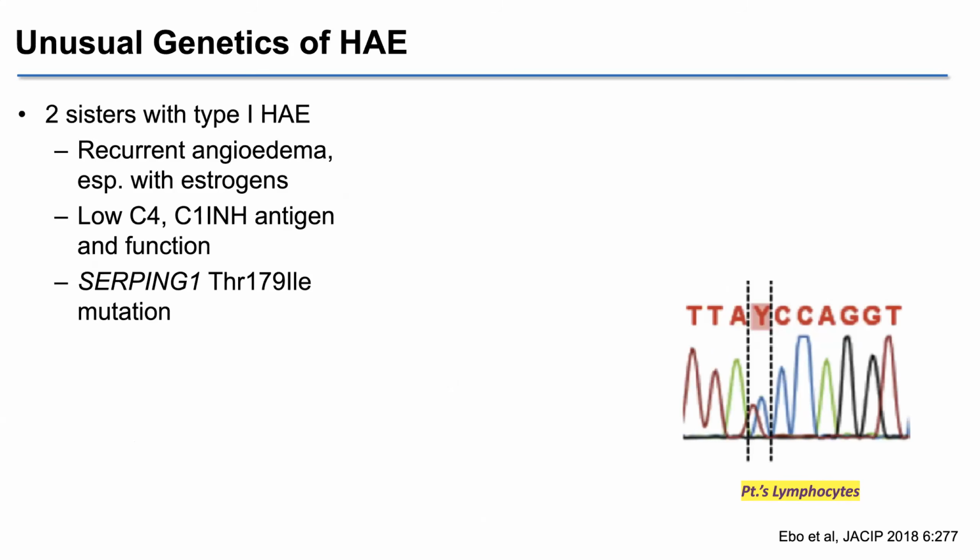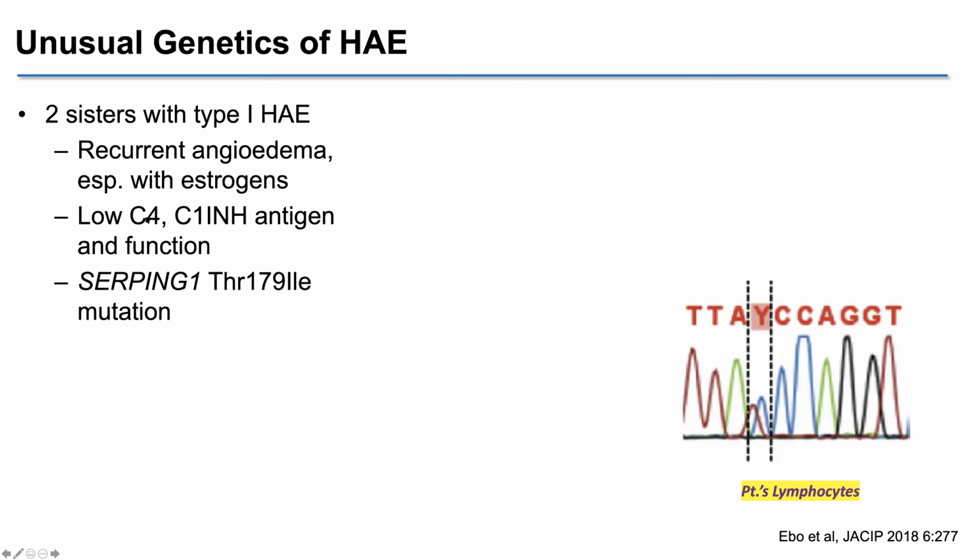But let me show you a really unusual, interesting case that was published a couple years ago. And this involved 2 sisters in Belgium who were diagnosed with type 1 HAE. By itself, not very surprising. They had a typical history, recurrent angioedema, made worse with exogenous estrogens. Their complement profile was classic.